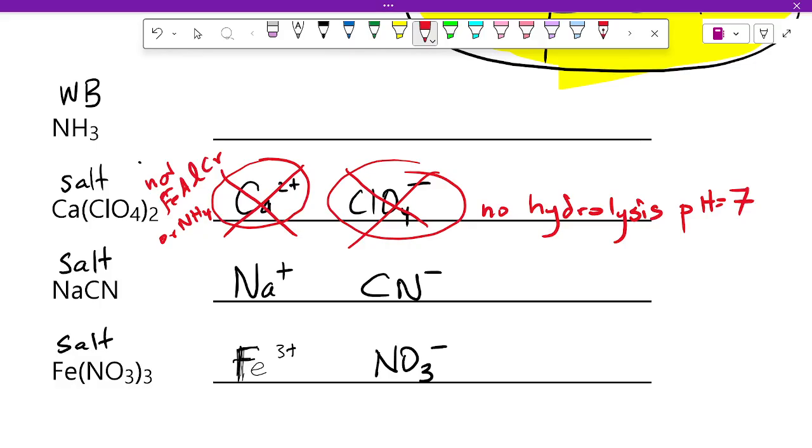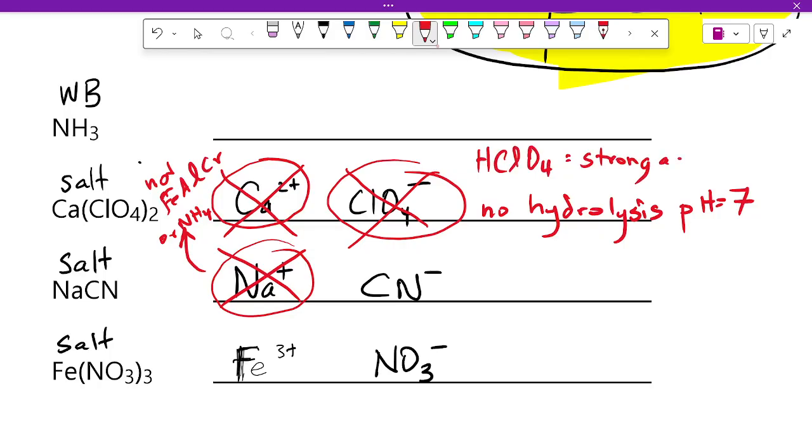If we have Na+, will Na+ hydrolyze? No, it is not Fe3+ nor NH4+. Will CN- hydrolyze? Wait, how does chloride not hydrolyze? It's a strong acid, but it's part of the strong also. Does CN- hydrolyze?